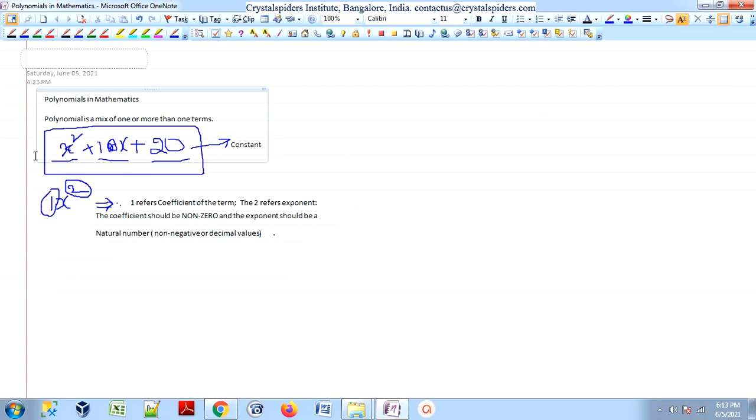So this is the polynomial. One more thing: we can take two polynomials and add them. We can do mathematical operations between two polynomials. Let me take the same polynomial, x square plus 10x plus 20.